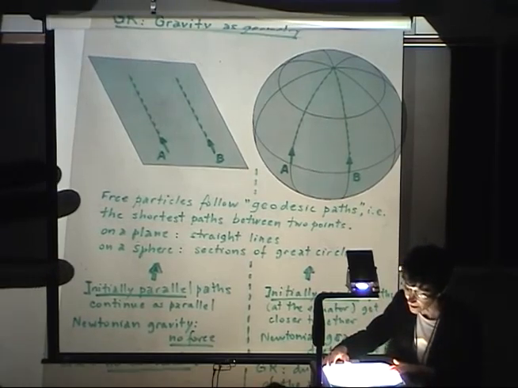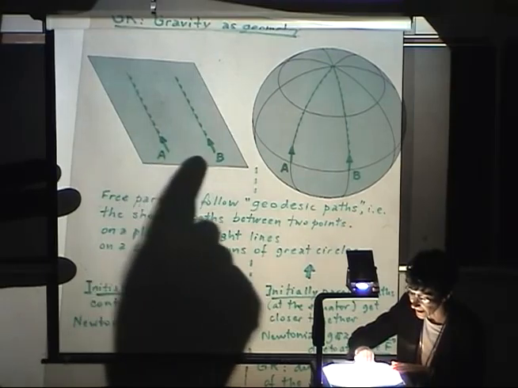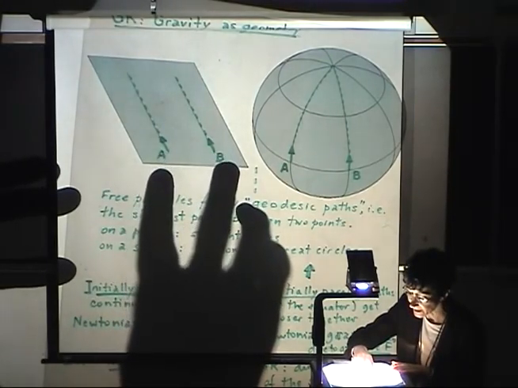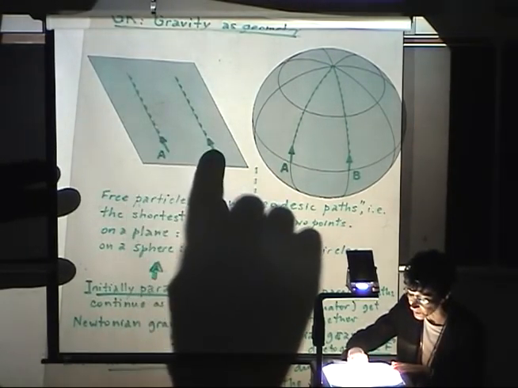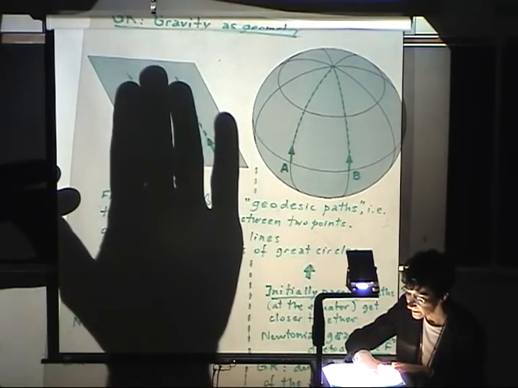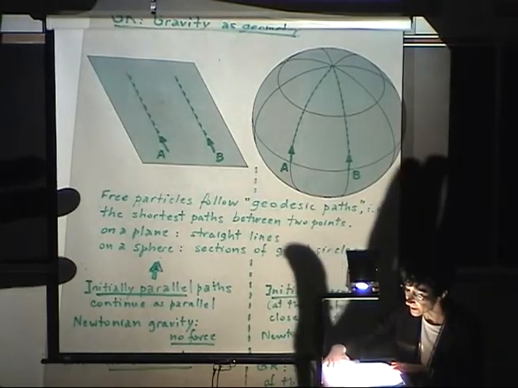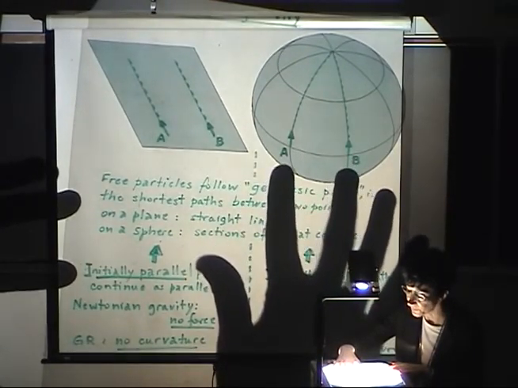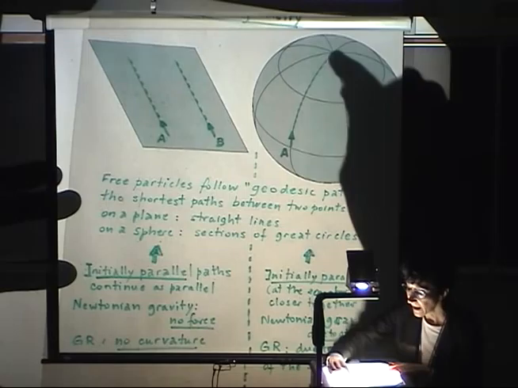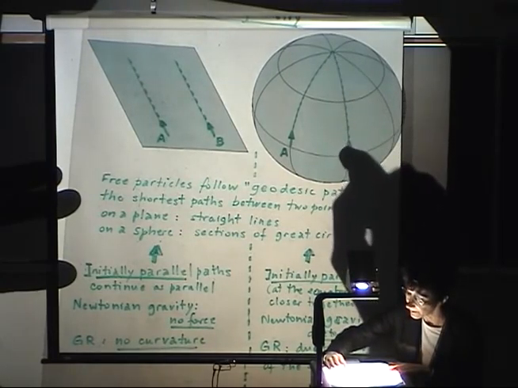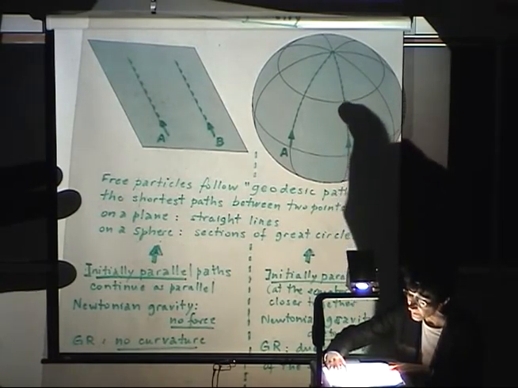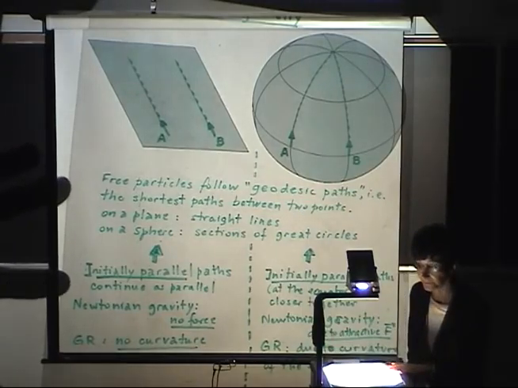So assume 2 particles A and B are initially moving parallel to each other on a plane or on a sphere. In the case of the sphere, they are both thrown northwards, and they keep northwards. Namely, they keep with a velocity which is always parallel to itself.